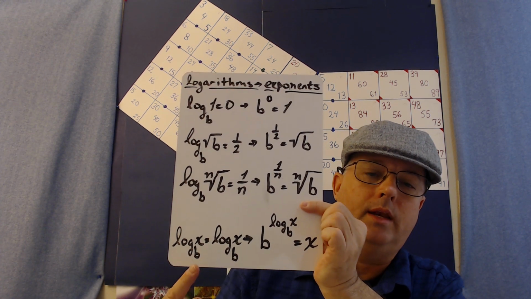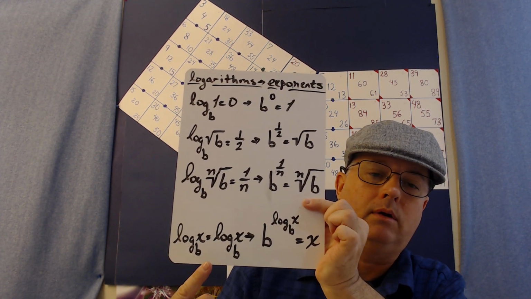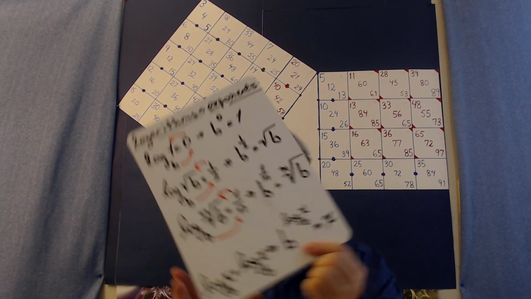And then here's our interesting power that is also about the round trip. Let's show that round trip again. So b to the 0 is 1, and b to the 1/2 is the square root of b, and b to the 1 over n is the nth root of b.